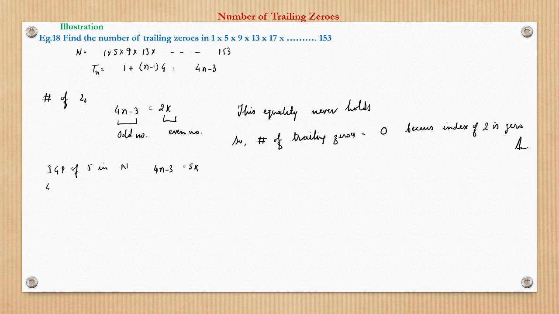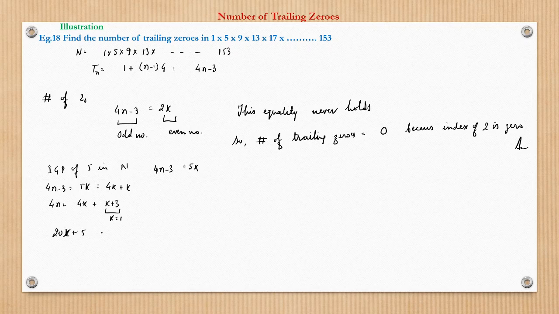So 4n minus 3 is equal to 5k. This we can write as 4k plus k. So nothing but 4n is equal to 4k plus k plus 3, right? So k is equal to 1 will give this a multiple. So we'll substitute k is equal to 1. So let it be 20x plus 5.